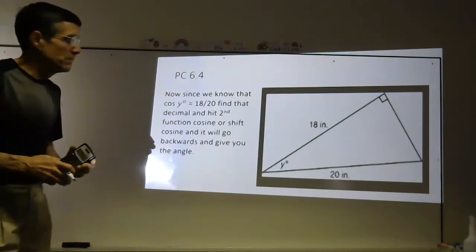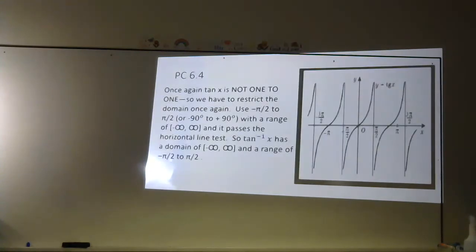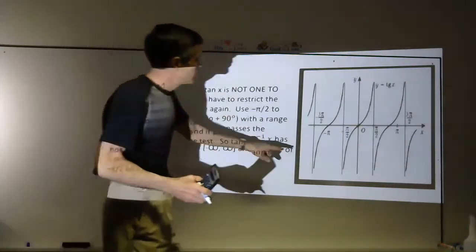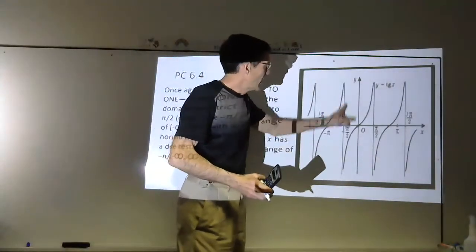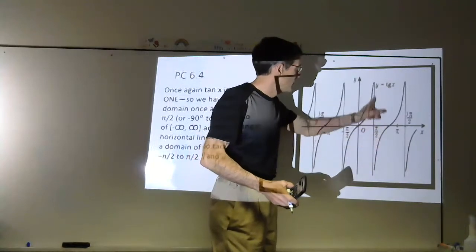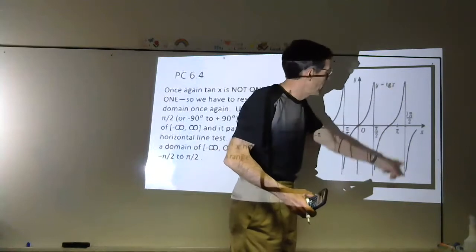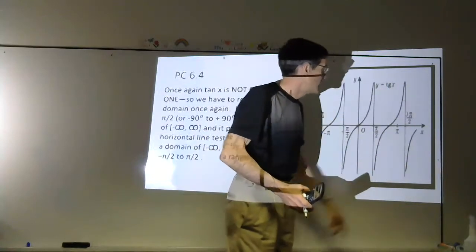That's cosine. Tangent is really strange. Check out tangent. Oh my word. Tangent is not 1 to 1. Tangent is totally undefined at multiples of 90. Here's 90, pi over 2 is 90. Over here is 3 pi over 2, which is 270.